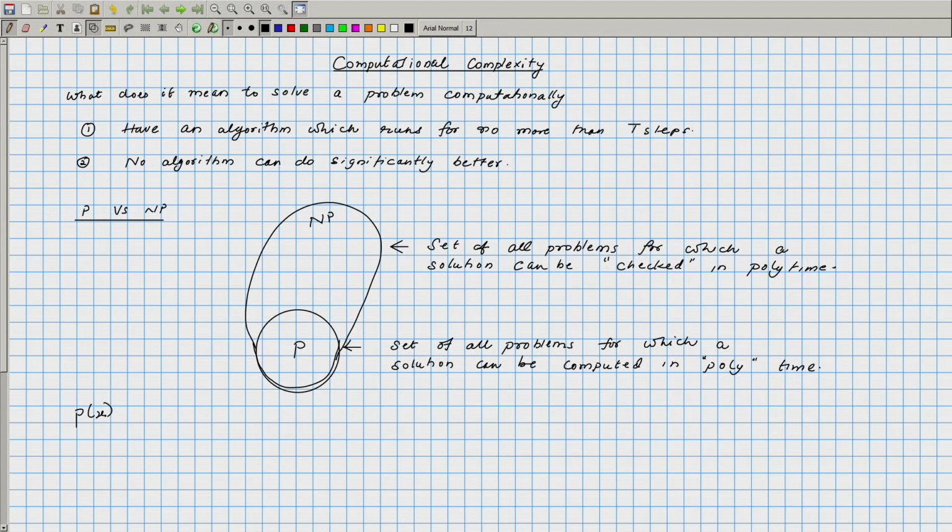So, what does it mean to check a solution? If somebody claims that a particular problem has a particular solution, finding that solution may be difficult, but if one can verify that a purported solution is a correct solution in polynomial time, then we will say that it belongs to NP. So, let us see some examples and that will make things clear.